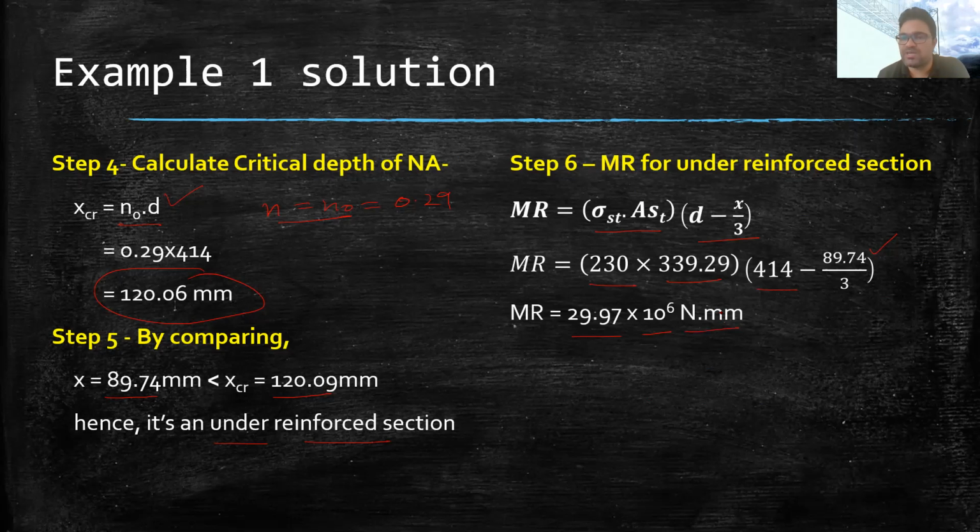Or if we want to convert that into kilonewton meter, then this will be 29.97 kilonewton meter. Kilonewton has 1000 Newton, meter has 1000 mm, so that is why 10 raised to power 6 is consumed here. So our answer, that is the moment of resistance of the beam, is 29.97 kilonewton meter.